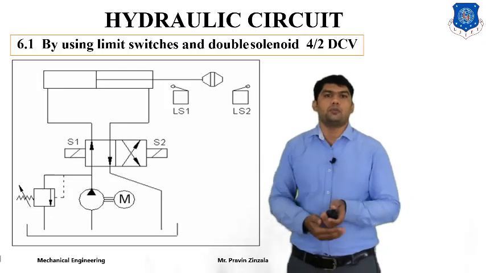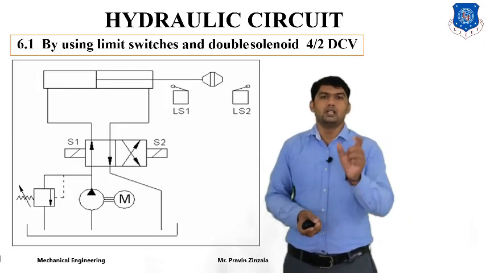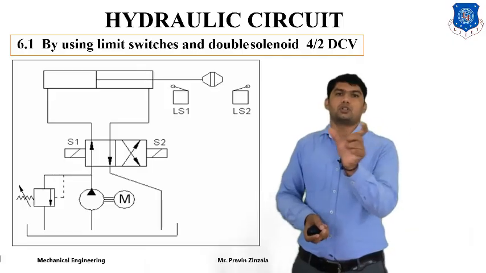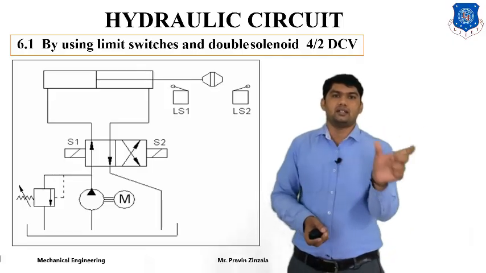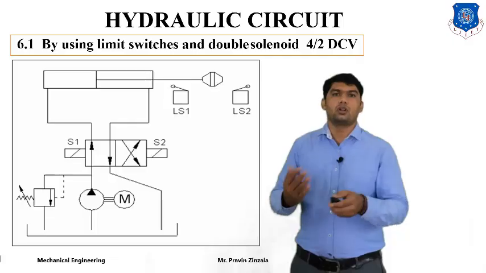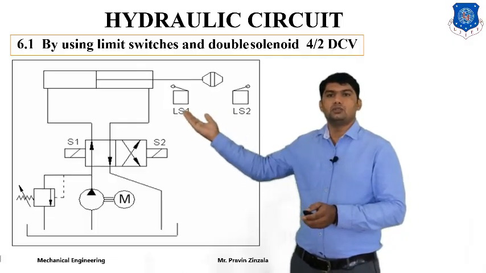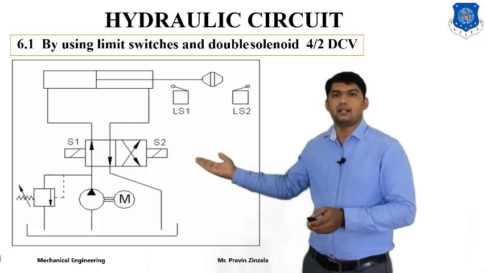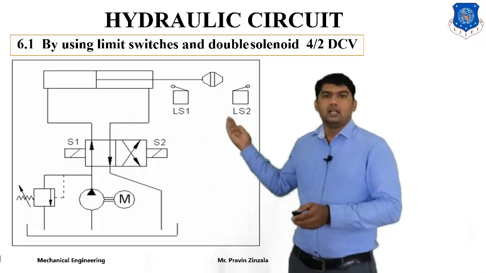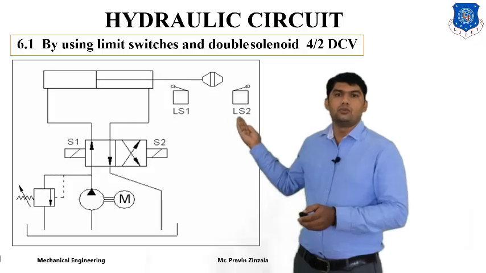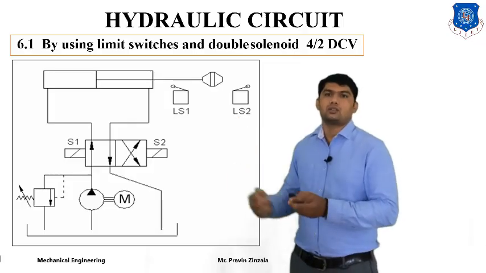How can we perform the continuous operation? If we require continuous motion, like extension and retraction continuously for a long duration, we have to set this type of connection. Limiting switch 1 will be directly connected by wire to S1. LS2, limiting switch 2, will be directly connected to S2.